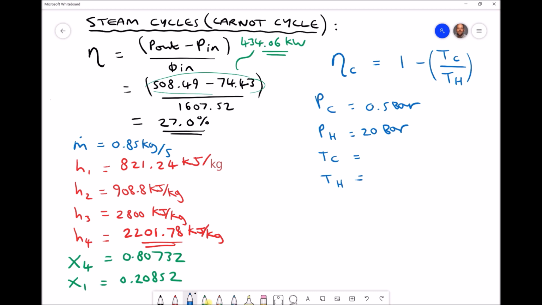So our low temperature then is 81.33. We need to add 273.15 to get that in Kelvin, giving us a low cycle temperature equal to 354.48 Kelvin. And our high cycle temperature corresponded with 212.4 degrees C, but once again adding on 273.15, giving us a high cycle temperature equal to 485.55.